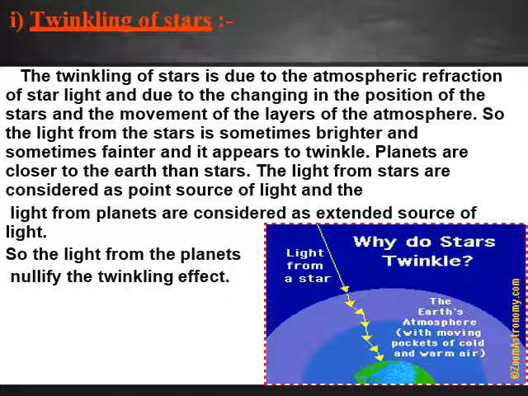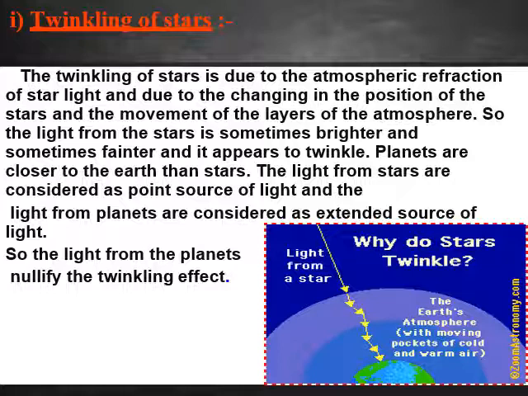What is the reason behind the twinkling of stars? The twinkling of stars is due to atmospheric refraction of the starlight, the changing position of the stars, and the movement of the layers of the atmosphere. So, the light from the stars is sometimes brighter and sometimes fainter, and it appears to twinkle.